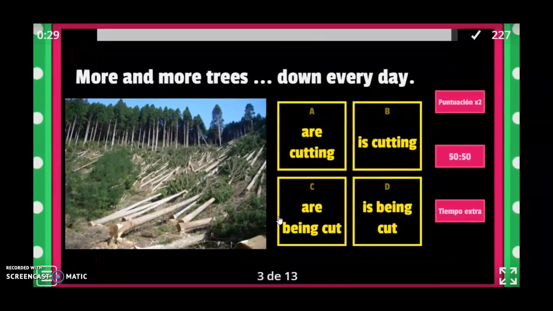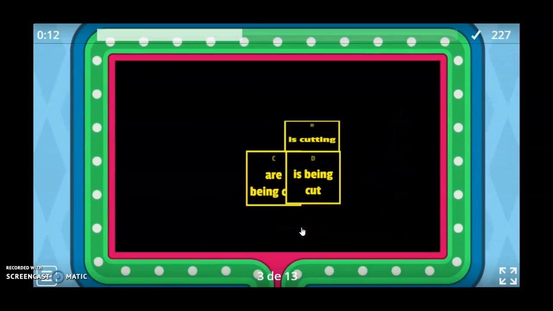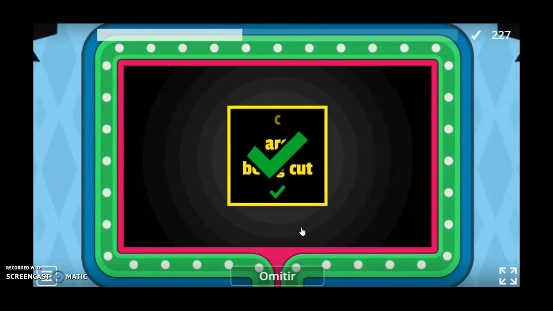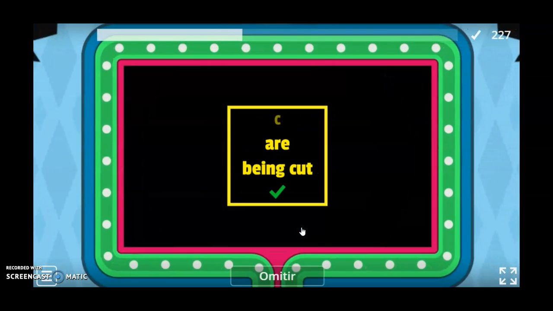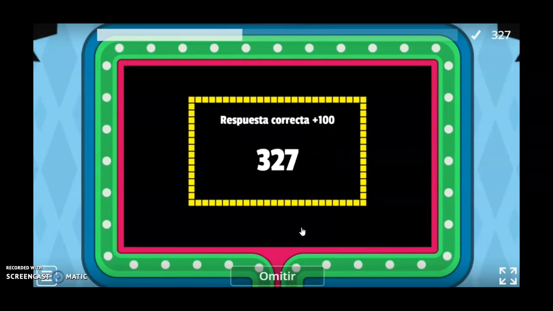Question number 3. More and more trees are being cut down every day. Choose the correct answer. A, B, C, or D. And the correct answer is are being cut. Your points.